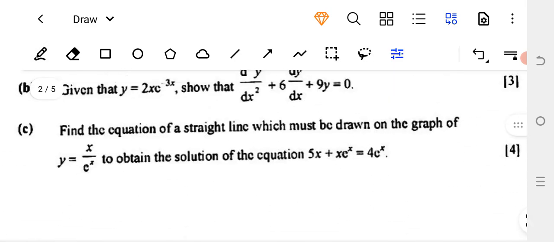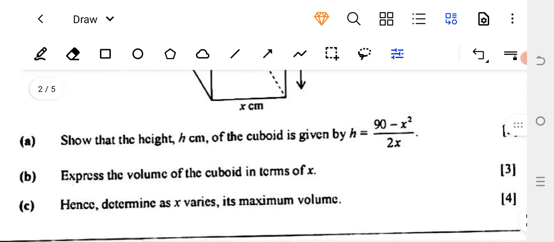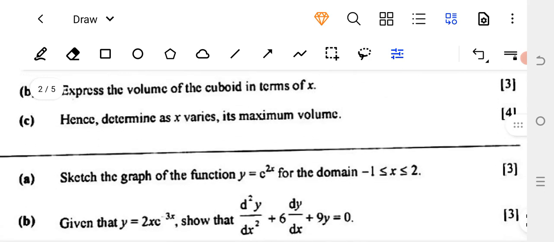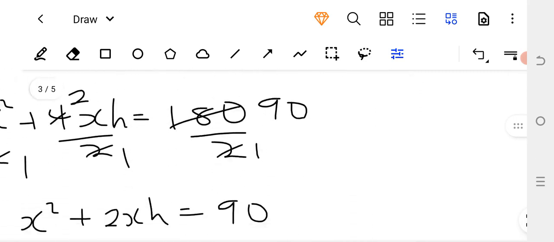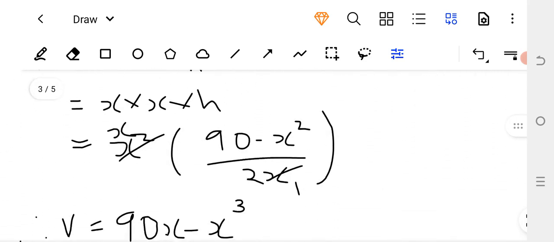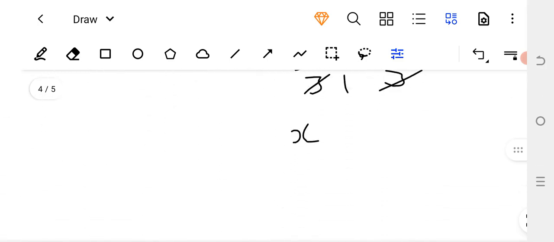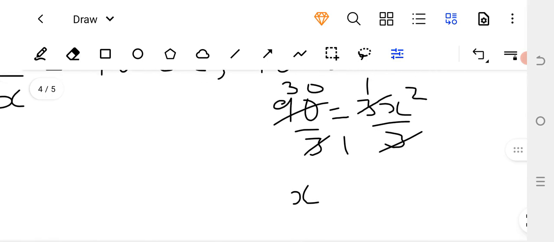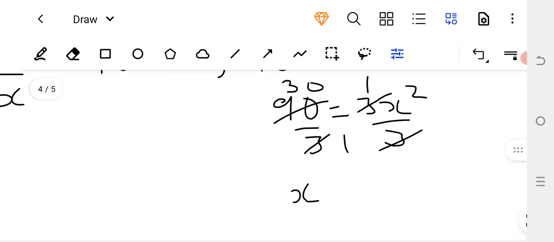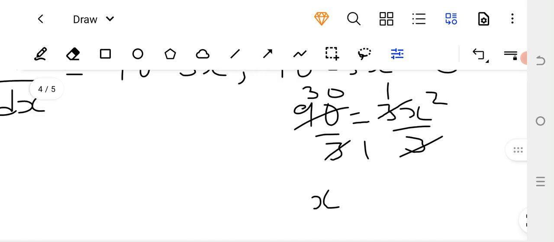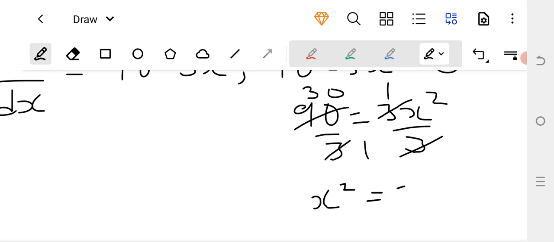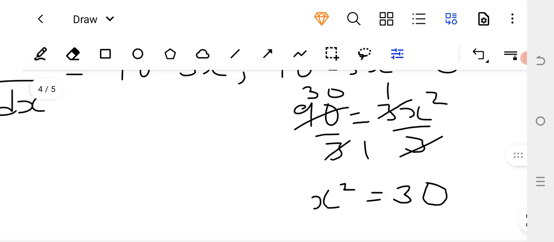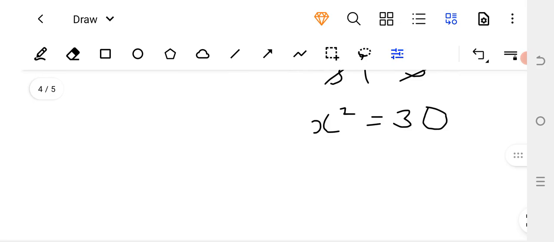Sorry for this. We are finding the maximum volume. Okay, the maximum volume is found at this particular point. So we have x squared is equal to 30. So this value of x, when dV/dx is equal to 0, is when you find your maximum volume.